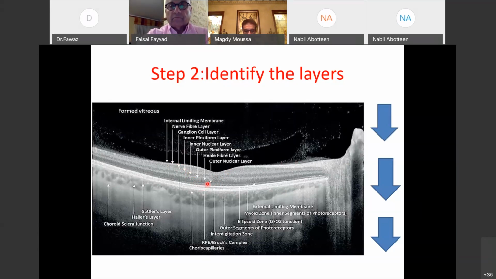Why are these two layers so important? Because in any retinal disease, if these two layers are affected, this will most probably affect the visual outcome and visual prognosis. Just beneath the photoreceptor layer, we have the retinal pigment epithelial layer, and just beneath it, the choroid. We will go through the details of these layers.